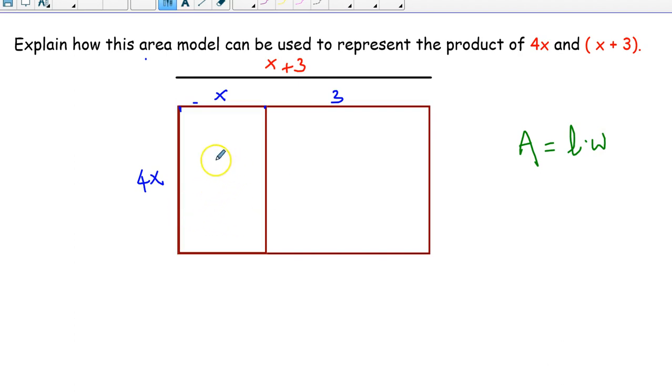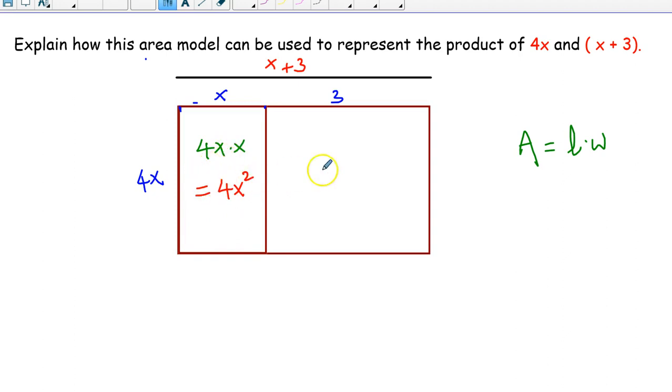For this smaller rectangle, the length is 4x and the width is x. 4x times x is equal to 4x squared. That is the area of this rectangle.